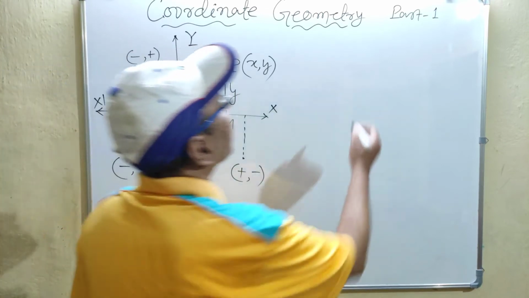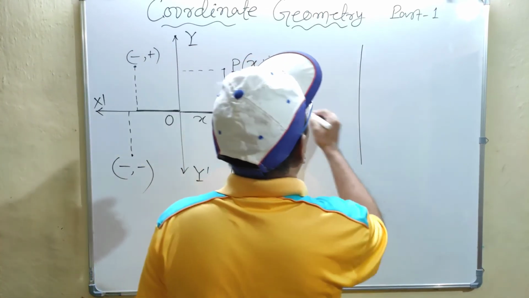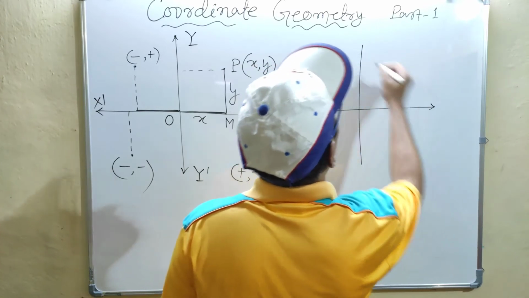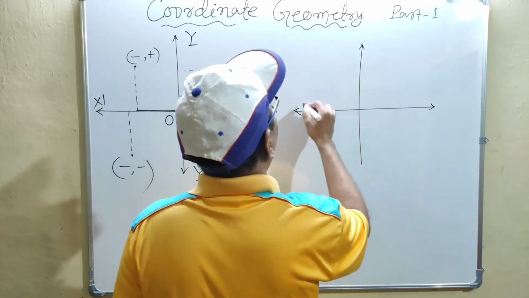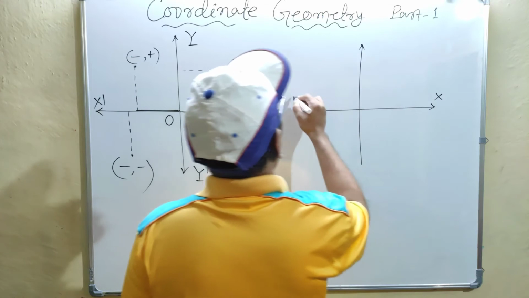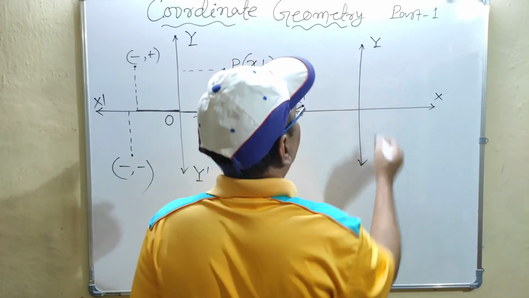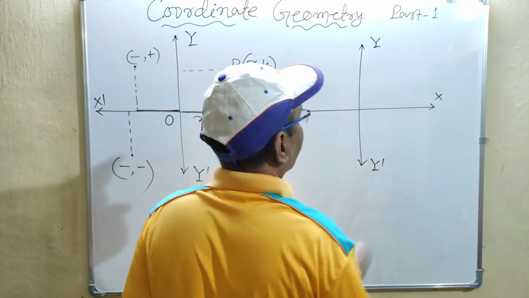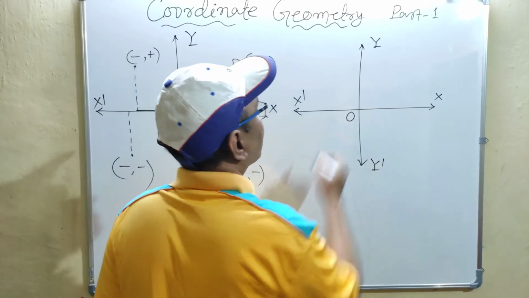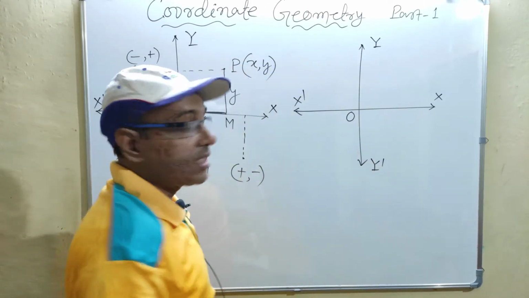Let us see. Take some particular example. This is XOX' the x-axis, and this is, suppose, YOY' the y-axis, and this is denoted by O, called origin.